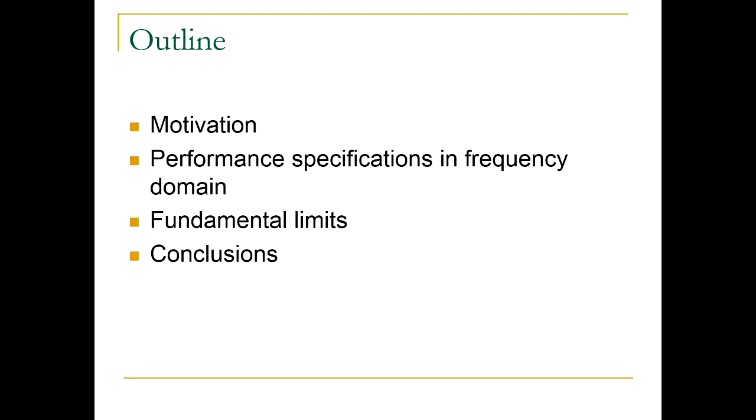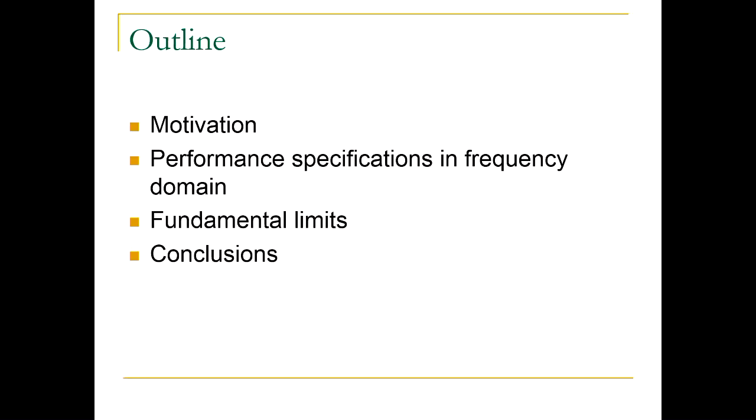Now, we talked about fundamental limits already when we talked about, let's say, undershoot. We saw that an unstable zero would always result in undershoot in the step response. Now, you can also state certain fundamental limitations in frequency domain.